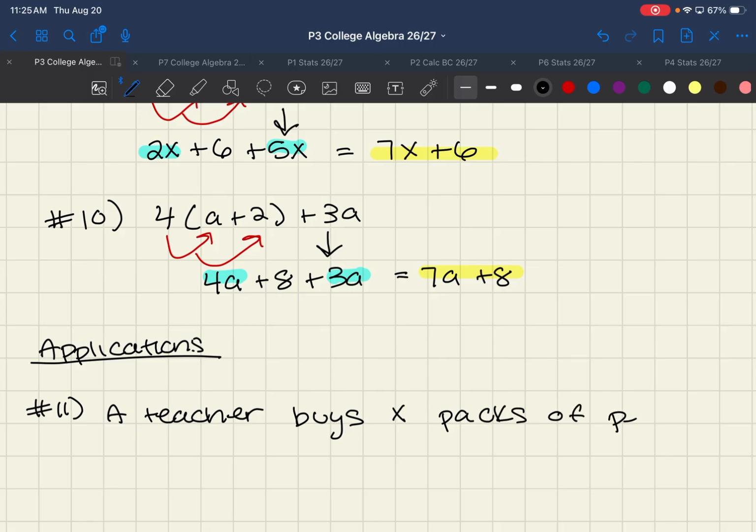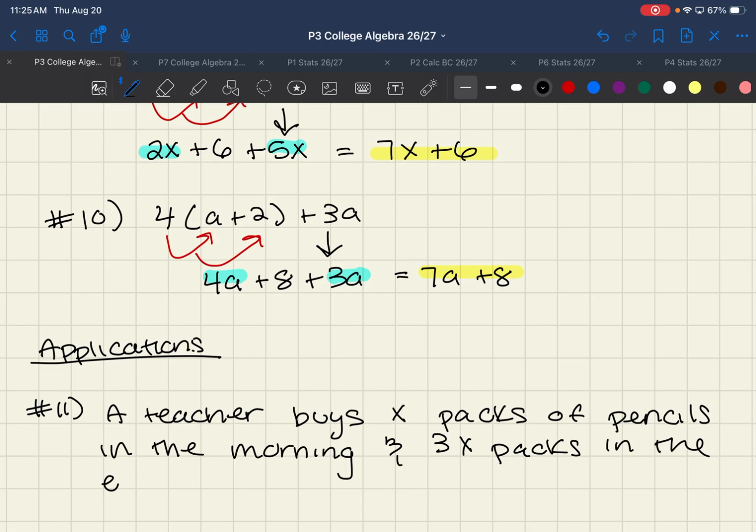So what do you think we're going to do with each of these terms? Add them. So x plus 3x plus 5. Can we simplify that? What can we combine? Good. x and 3x, which becomes 4x. So 4x. And what about that plus 5? Just add it to the answer.